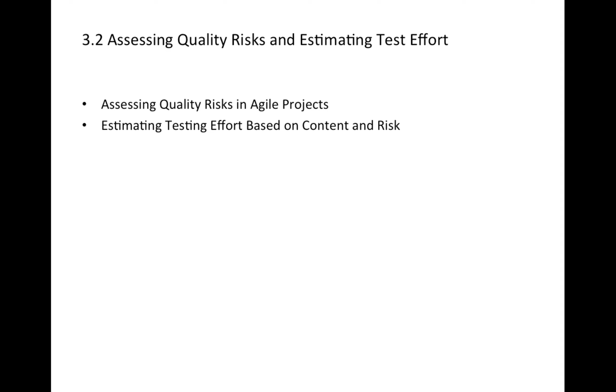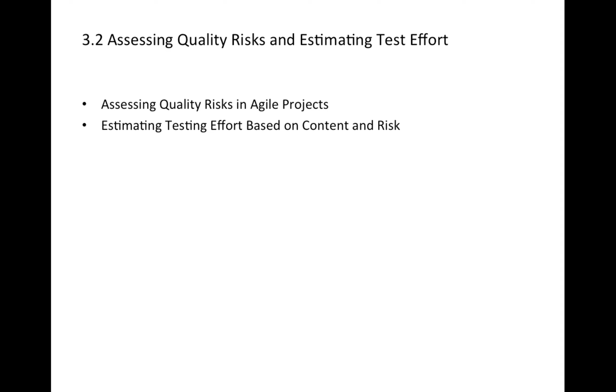Sorry, there is a question there. How can the quality risk analysis process in an Agile project be carried out during iteration planning, and what are the steps? It's a very good question.